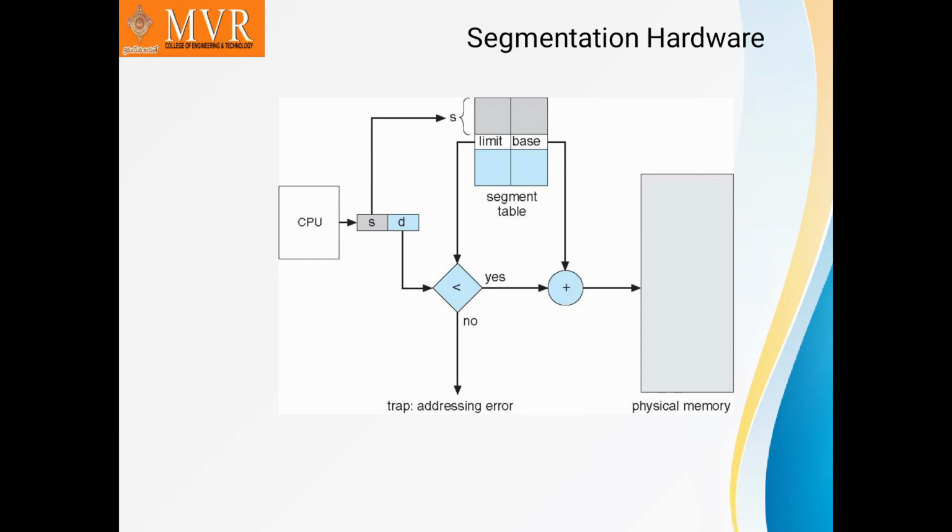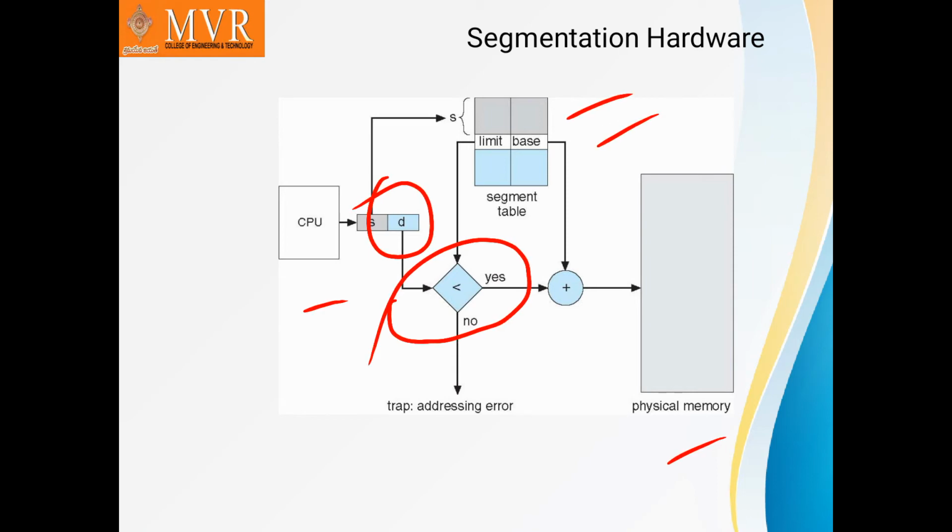This is the segmentation hardware picture having the CPU and physical memory. The segmentation has a segment number and offset. The segment number we define as S. The offset we always define as D. So here the length limit will be checked. Whatever S has, the limit and base in the segment table will be checked here.